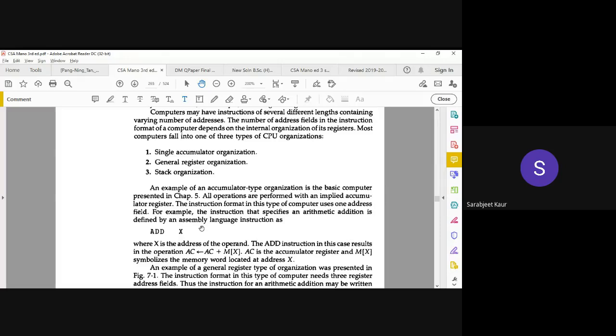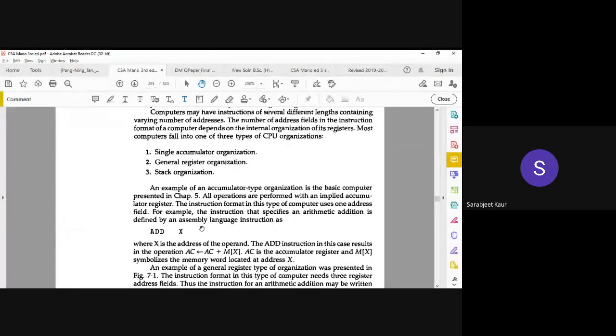Is that right? Yes or no, students? Yes, ma'am. Right. So we may have different lengths of instructions if we support a variable number of addresses in our instruction.